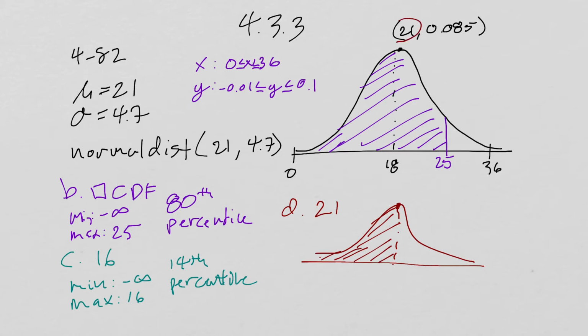But since 21 is our mean, then we can say that Antoinette scored in the 50th percentile, right? Because she's halfway on that normal distribution, and the values on the left are 50%, the values on the right are 50%, so Antoinette scored in the 50th percentile. Cool. So there's our first problem.